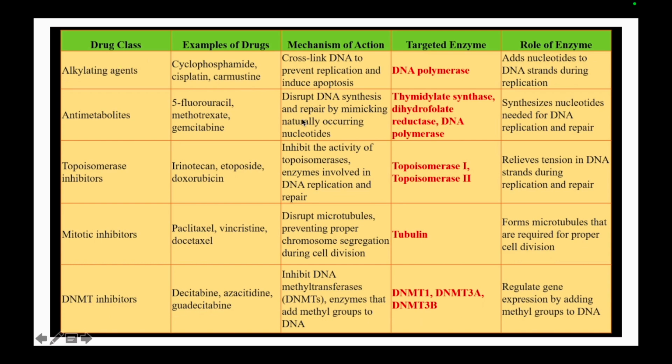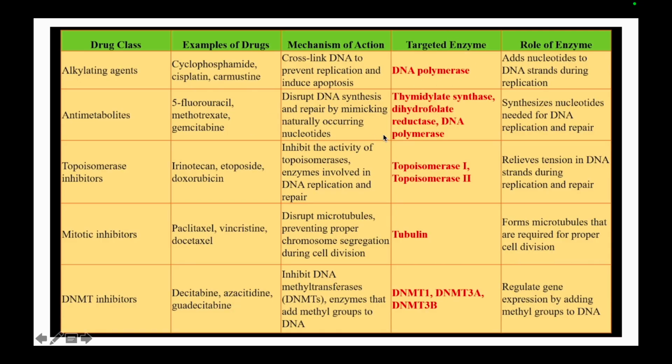These disrupt DNA synthesis. They mimic naturally occurring nucleotides, like 5-fluorouracil, which mimics cytosine. It gets integrated into the DNA synthesis, which will ultimately lead to DNA breaks, and then lead to apoptosis.